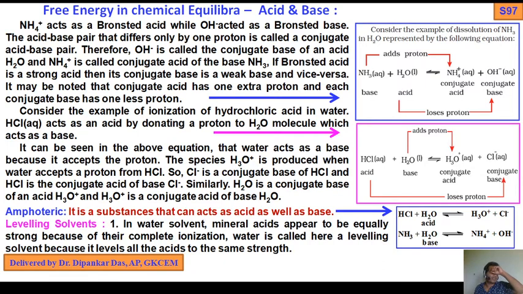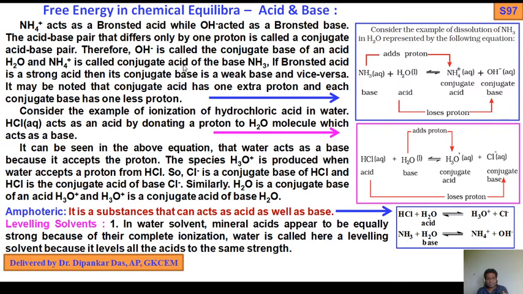Now NH4 plus acts as a Bronsted acid, while OH minus acts as a Bronsted base. This acid base pair that differs only by one proton is called a conjugate acid base pair.